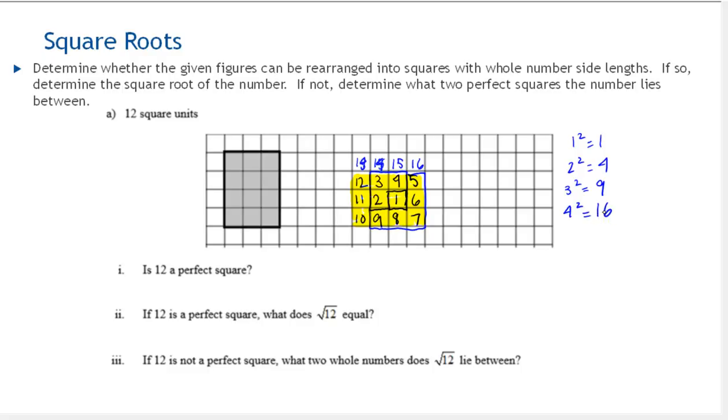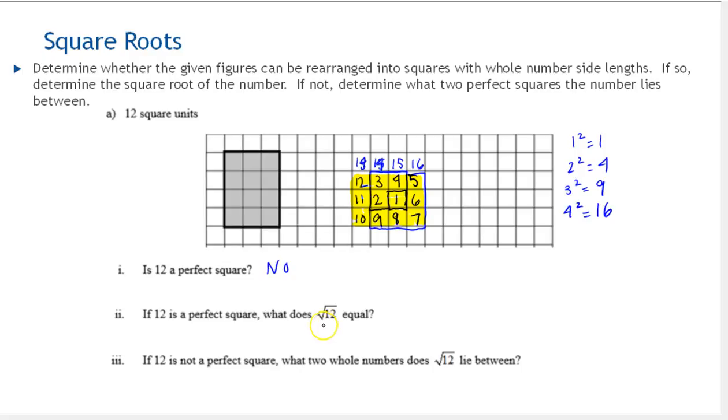So our first question is, is 12 a perfect square, and our answer is no. We checked 1, 2, 3, 4, and we could not use any of those whole numbers to make a square using 12 square units. If 12 is a perfect square, what does the square root of 12 equal?